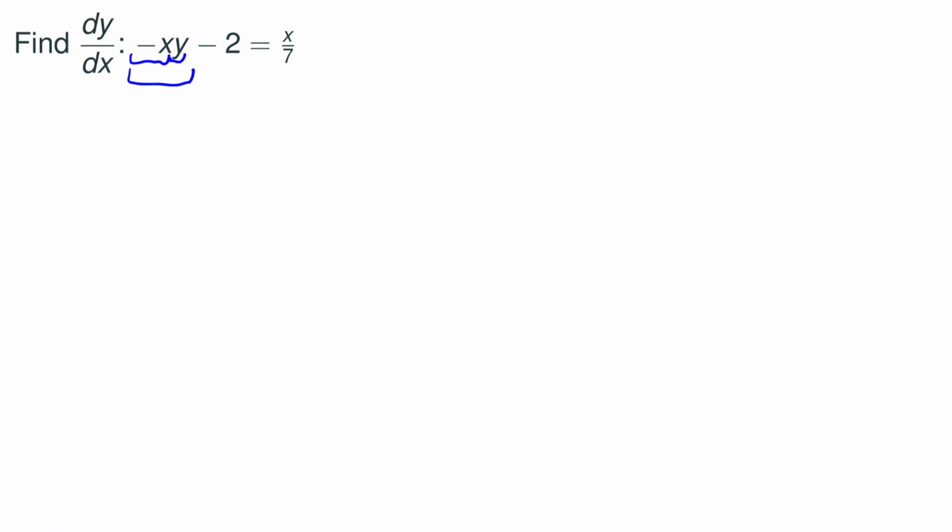So derivative of negative x is negative 1 times y for the product rule, plus derivative of y is dy/dx times negative x. Derivative of 2 is 0. Here we have x over 7, which is the same as 1 over 7 times x, so the derivative of that is just 1 over 7.